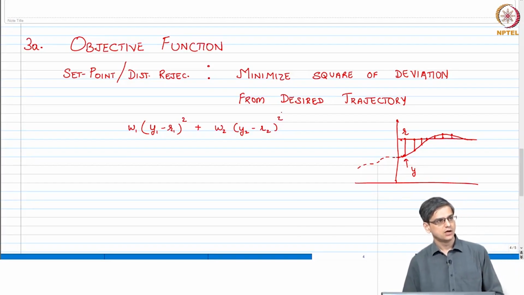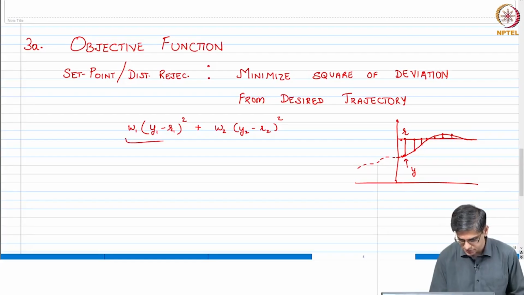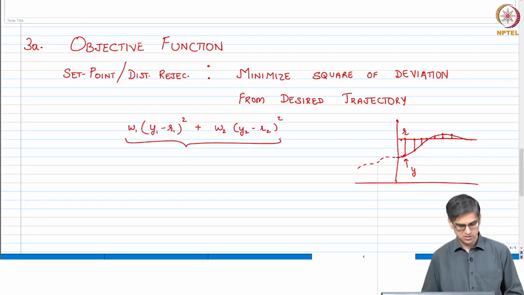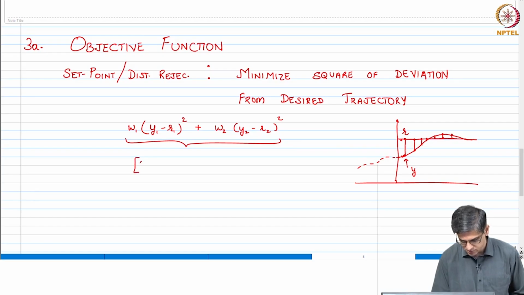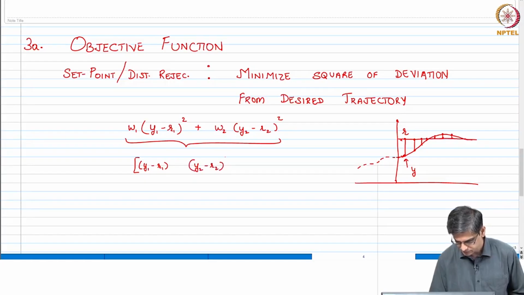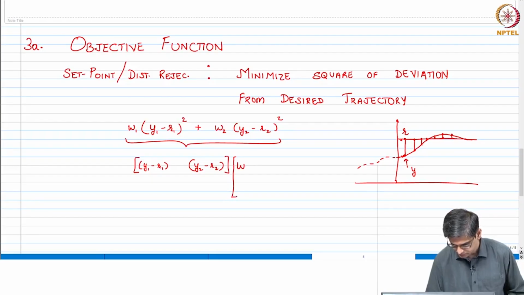Okay. How this is represented is quite straightforward. This looks like a capital W.